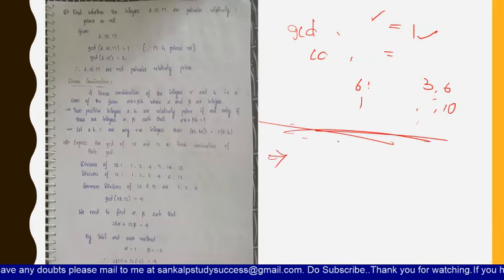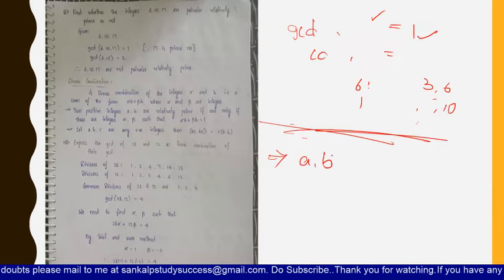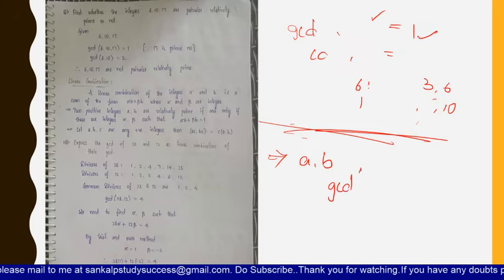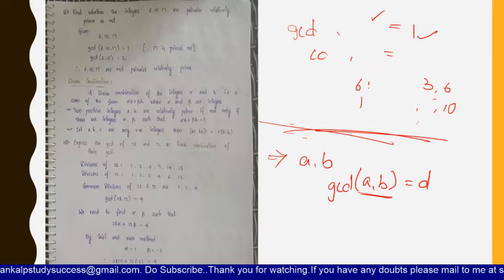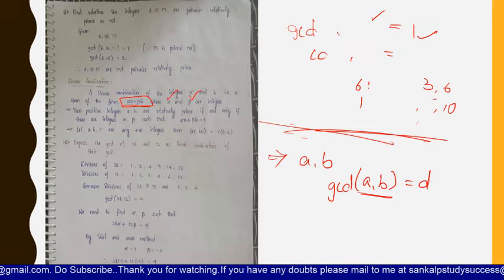Consider the GCD of two numbers a, b. Let us say that the GCD of a, b is equal to small d. Now, the linear combination of integers a and b is a sum of the form alpha a plus beta b, where alpha and beta are integers.